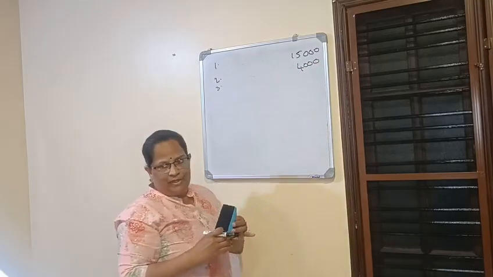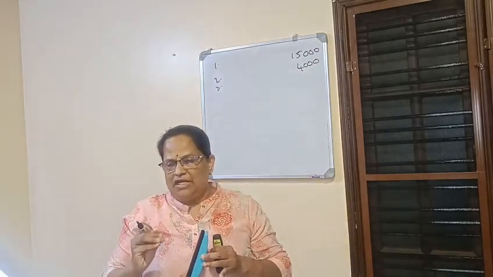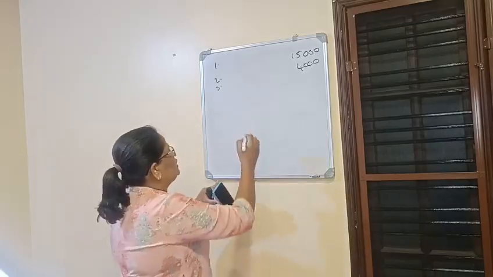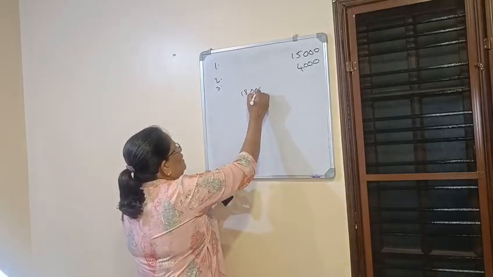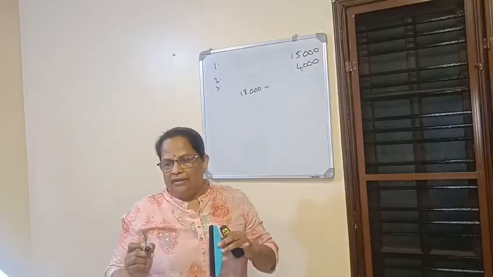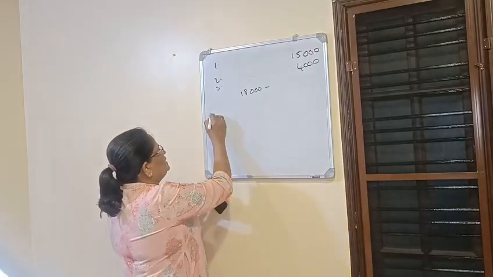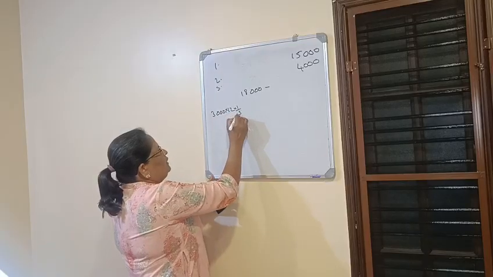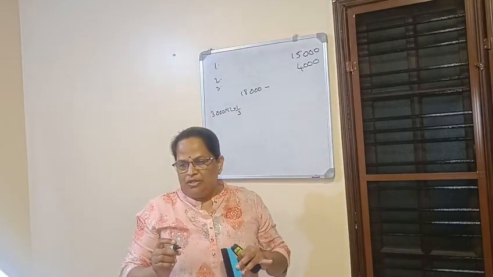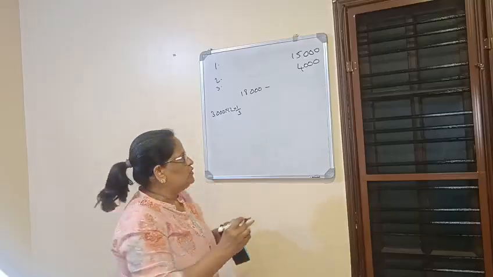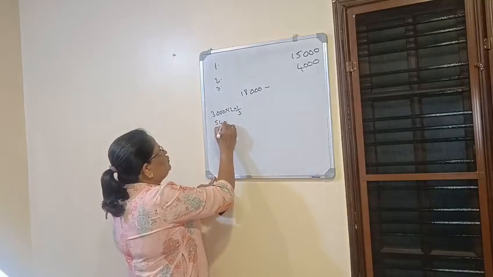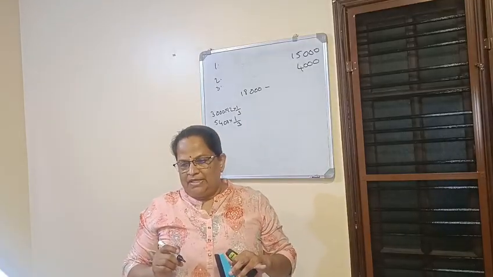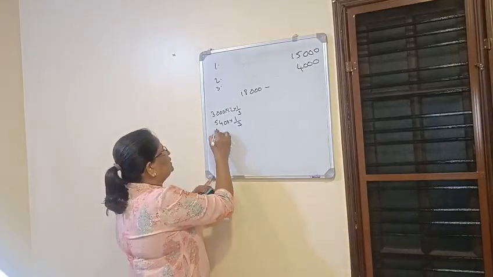Now third one, rent from letting out of the house. He is getting 1,500 into 12, 18,000. From 18,000 you reduce the rent he pays, 3,000 into 12 into 1 by 3. Then municipal taxes, 5,400 into 1 by 3. Next is repairs, 6,000 into 1 by 3.